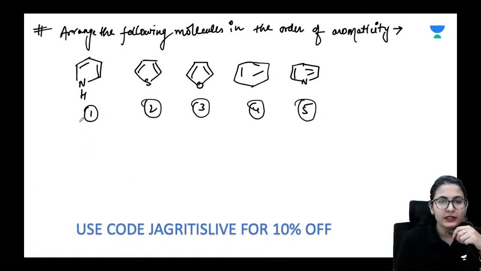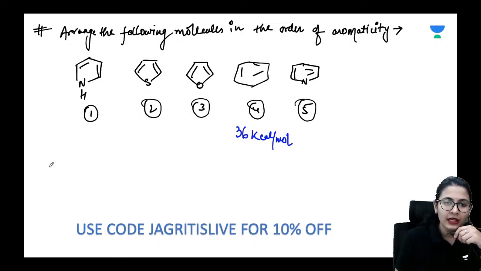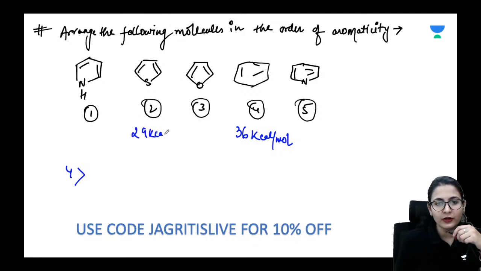Yes, very simple. These are the very basic systems, whose values you can remember. So we are starting from benzene, guys. The maximum energy is 36 kilocalorie per mole. This is the energy for benzene, and this is going to be the maximum. So 4 is going to have the highest aromaticity or resonance energy. Then 29 kilocalorie per mole for thiophene, which is 2.